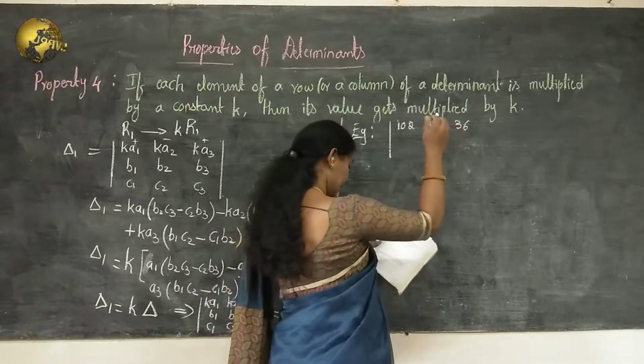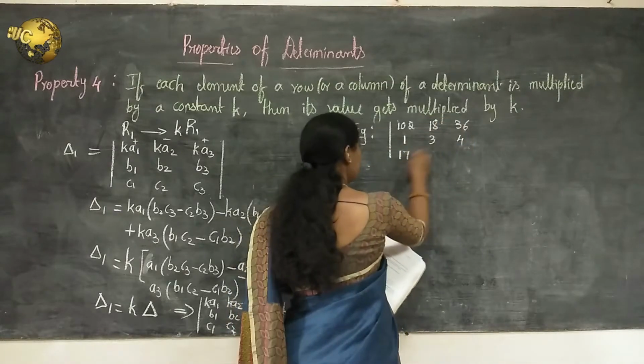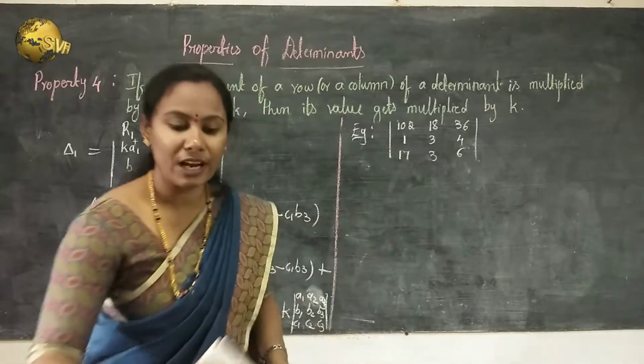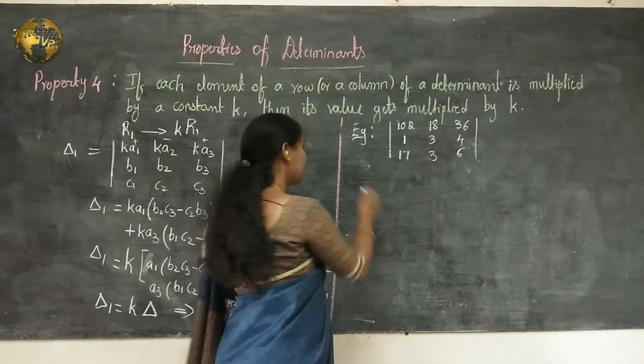The determinant has rows 102, 18, 36; 1, 3, 4; 17, 3, 6. So we have to evaluate this. Let me take this as delta first.